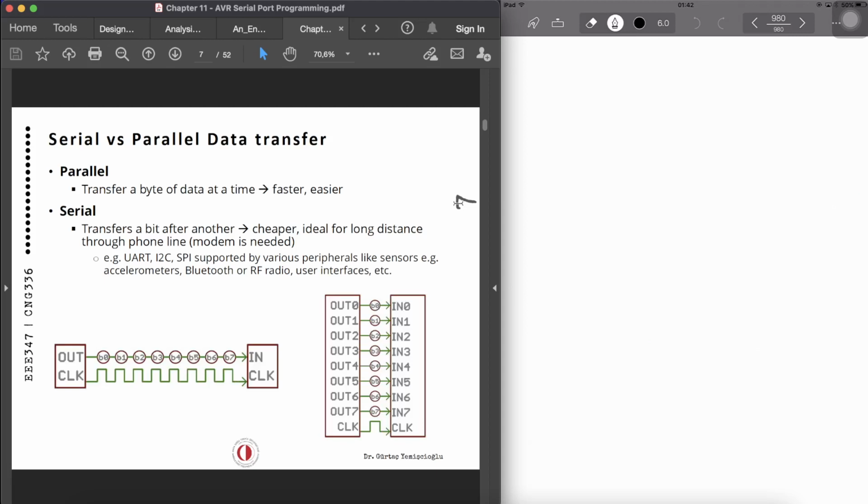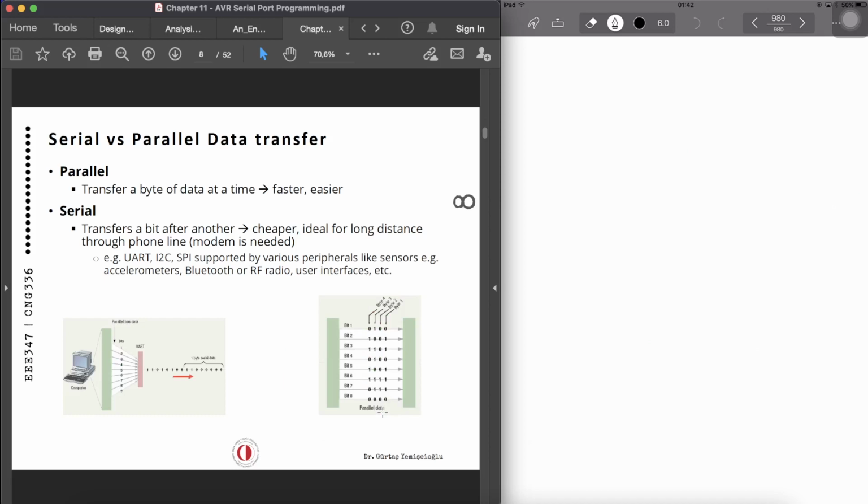And another example is sending asynchronous serial bits. From the sender to the receiver, as you can see, whenever the clock changes, starting from the most significant bit going to the least significant, we are sending one bit at a time. But in parallel, on one clock cycle, all the data is sent in parallel.